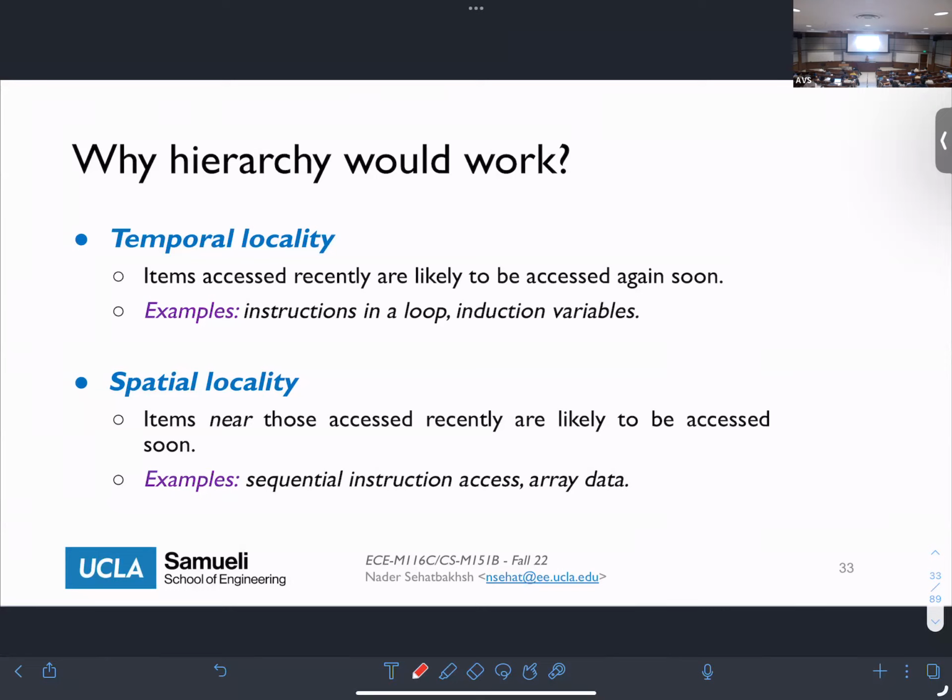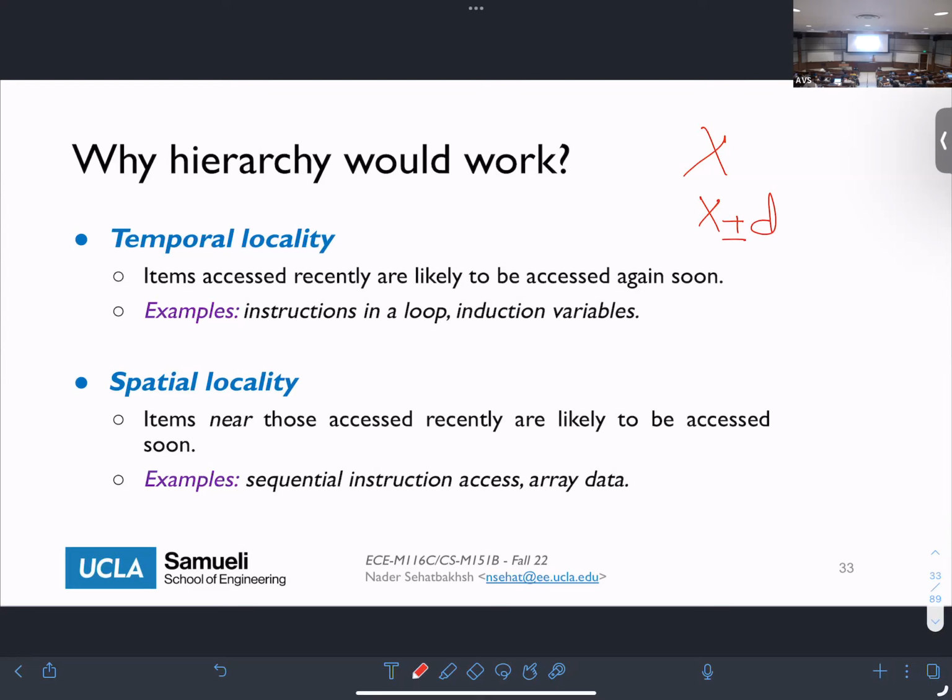And spatial locality says that if I read something, if I read this address in memory, address X, it's very likely that I might access X plus or minus D, where D is a small value. So I might read X minus 1 or X plus 1 or X plus 2 and so on.